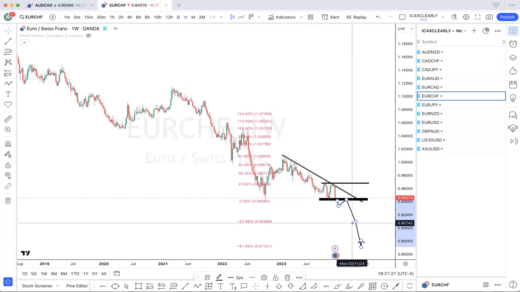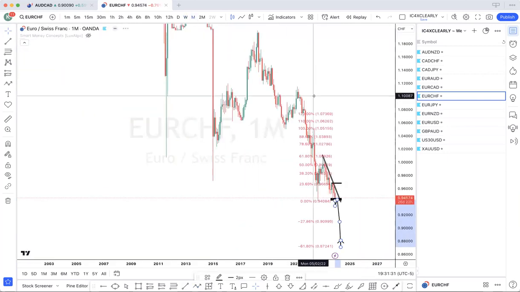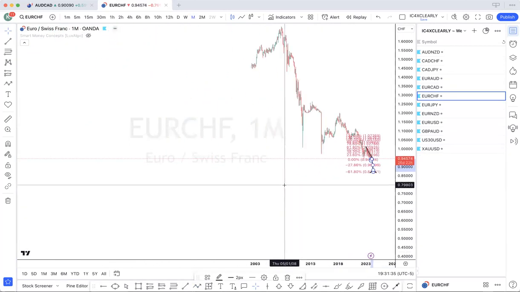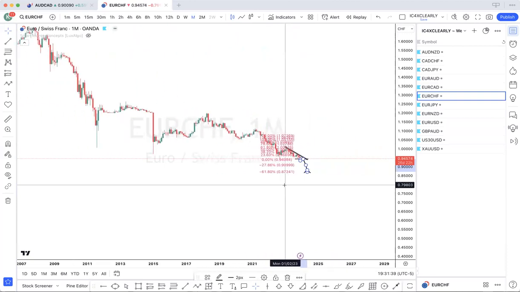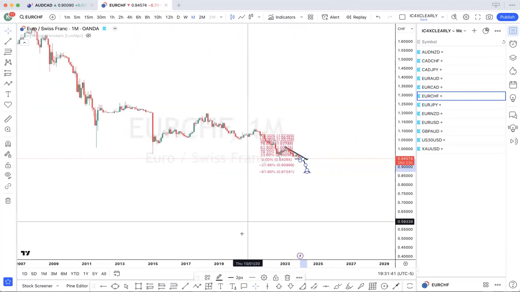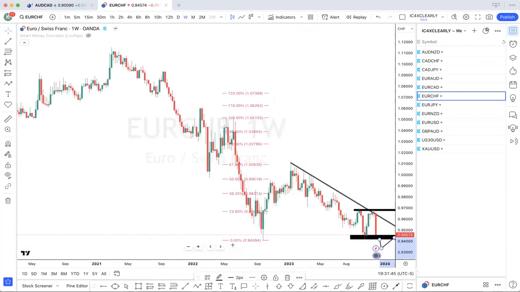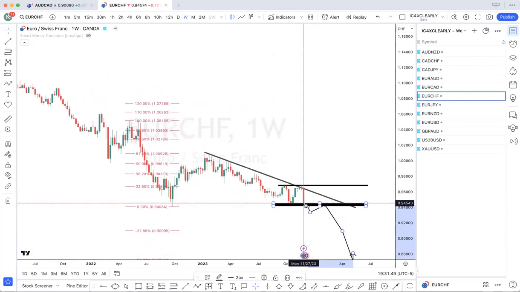Let's see. There's nothing over here to compare it to. So price is going to either break or respect this order block.